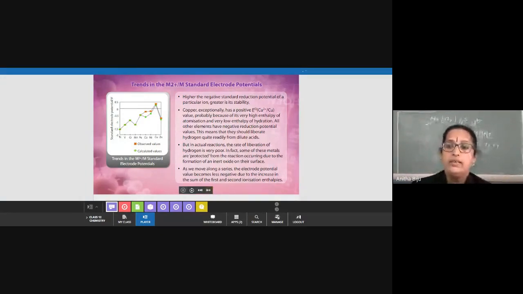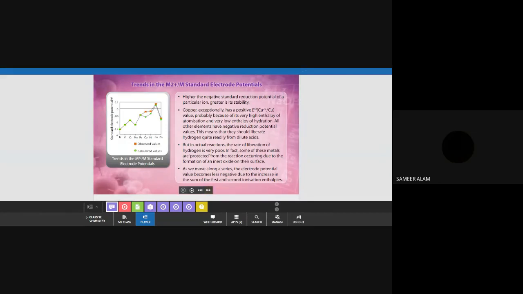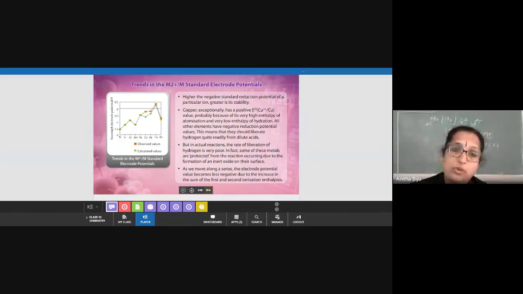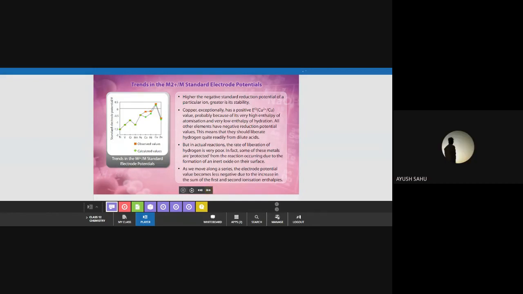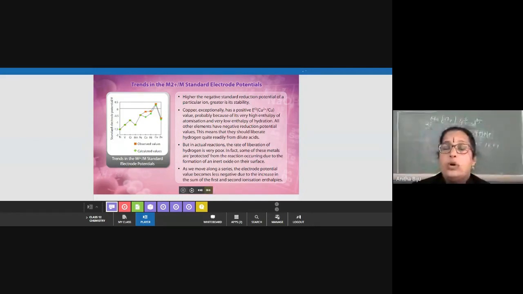H2SO4? No. This is the answer everybody has written in descriptive answers also. HNO3. Only nitric acid functions as an oxidizing agent.